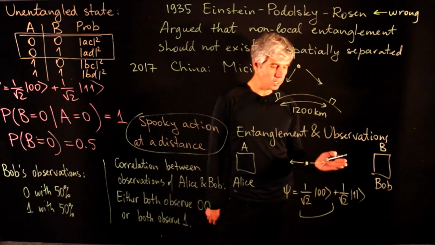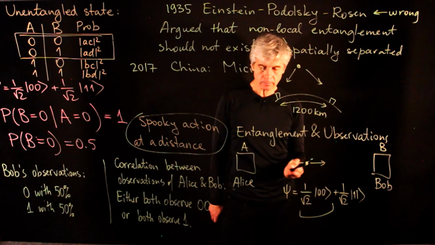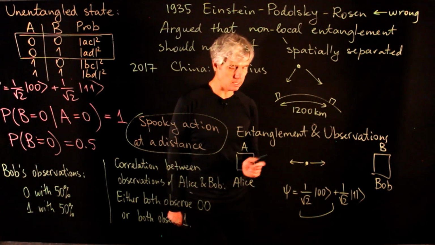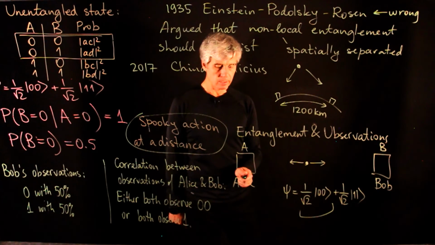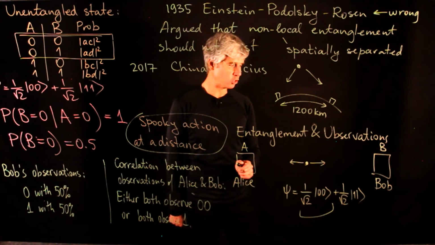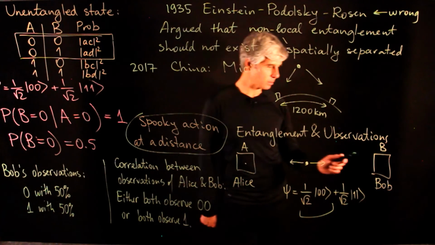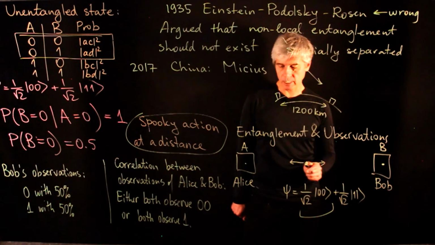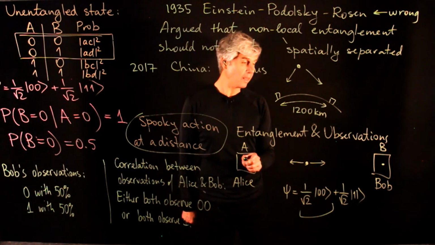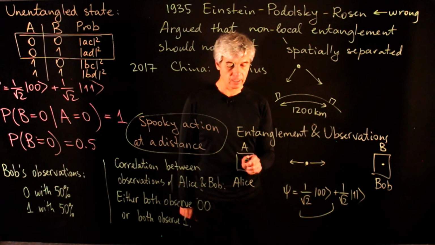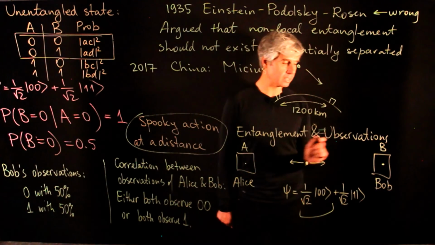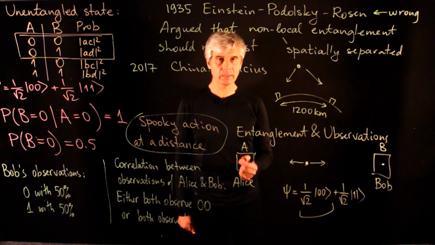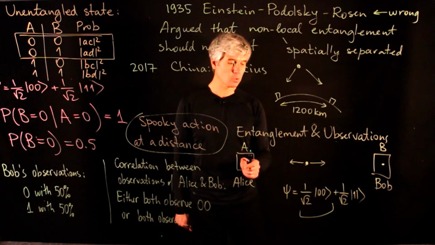And this does not actually contradict relativity theory, because even though the outcome at Alice's location happens, well, practically at the same time as the outcome at Bob's location, this does not allow us to send information instantaneously from Alice's location to Bob's location, because Alice cannot control what the outcome of her experiment is going to be, right?